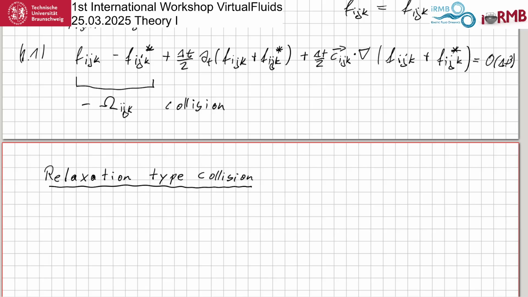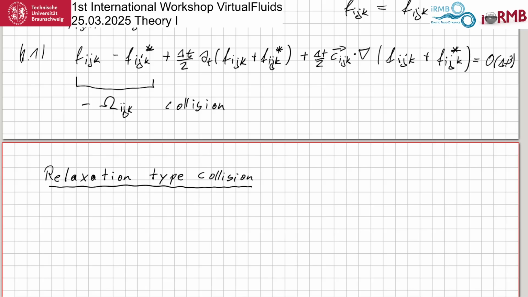An equilibrium is the high entropy state, so the state with the most realizations, with the most micro-realizations. And the state where we start from is somehow driven towards this state. This can be done in a single relaxation time, where we have this state, we have that state, and we interpolate between these states. We can actually use the equilibrium and one relaxation parameter in order to write everything down.